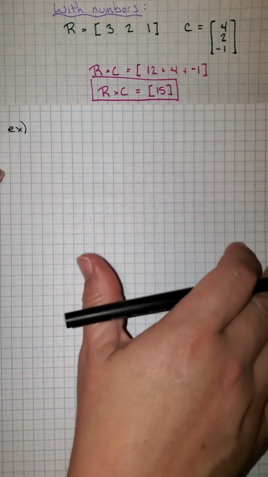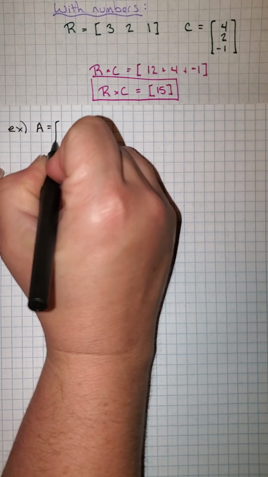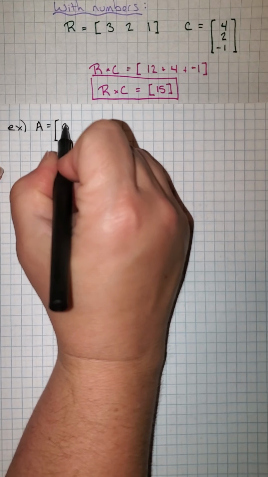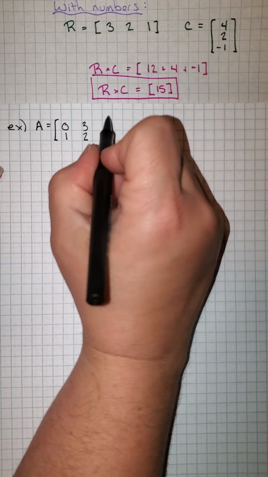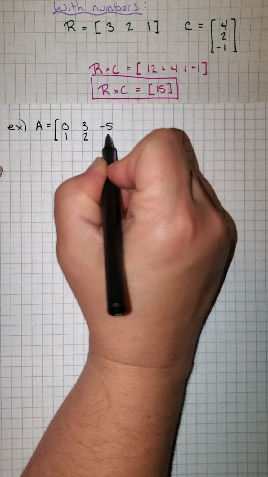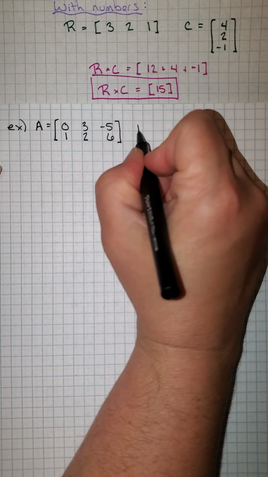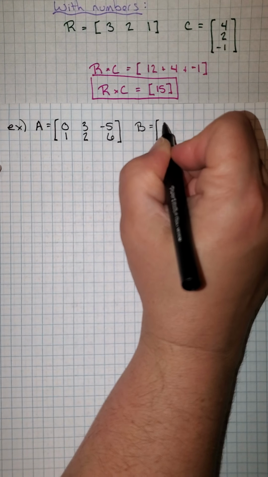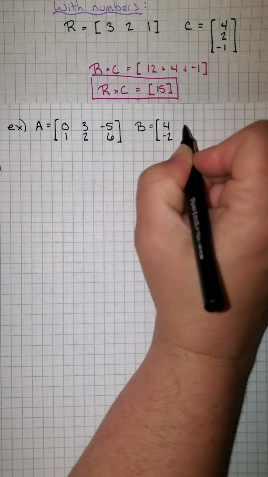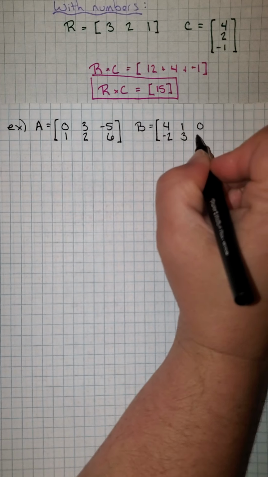Okay, so from our examples, we have matrix A, which is 0, 1, 3, 2, and negative 5, 6. We have matrix B, which is 4, negative 2, 1, 3, and 0, negative 2.